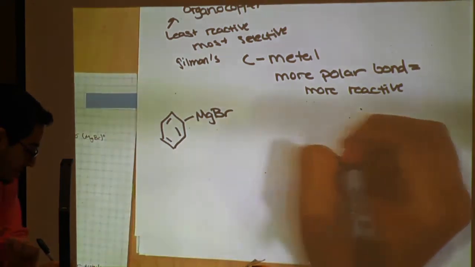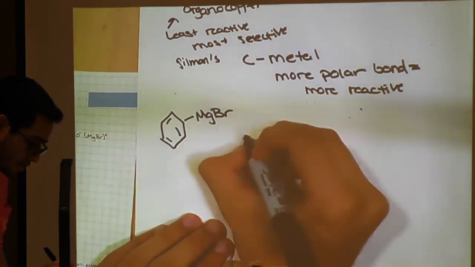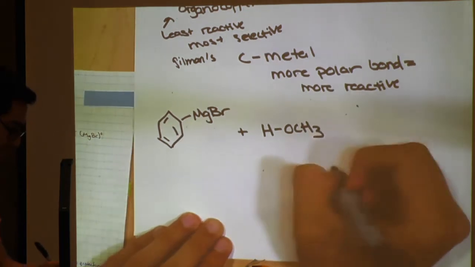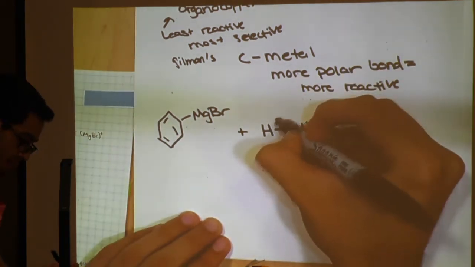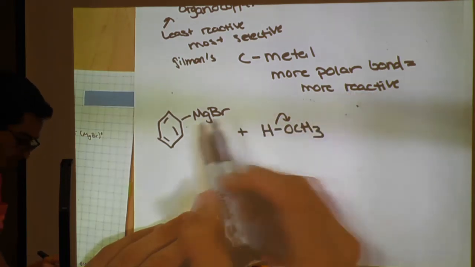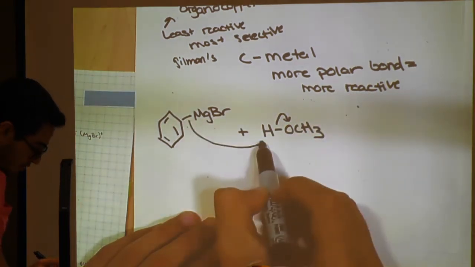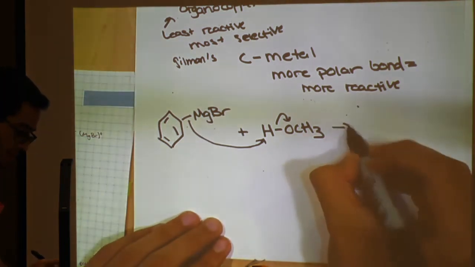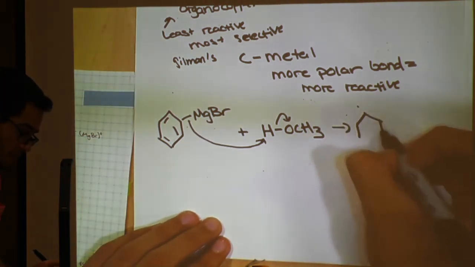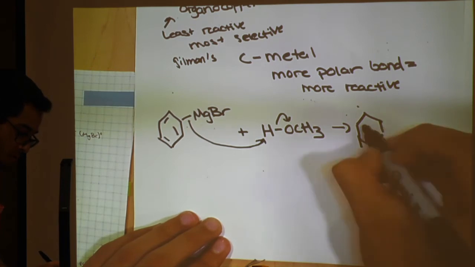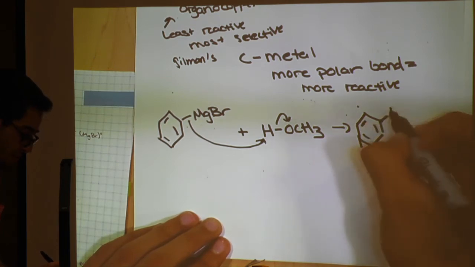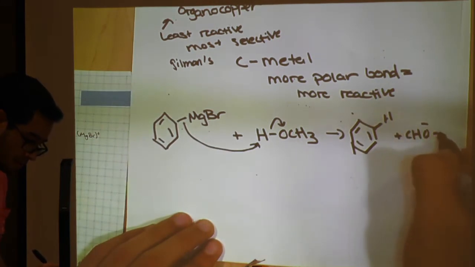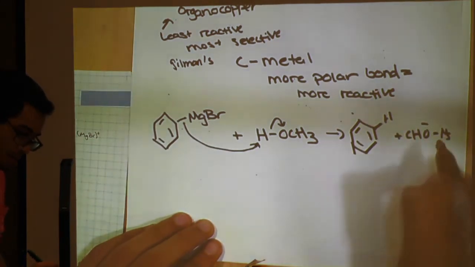We can react this with, let's say, HOCH3, right? We're going to break this bond here. Then this bond is going to grab the hydrogen. And so that's going to give us just a normal ring with the hydrogen, plus CH3O negative and the magnesium bromide.